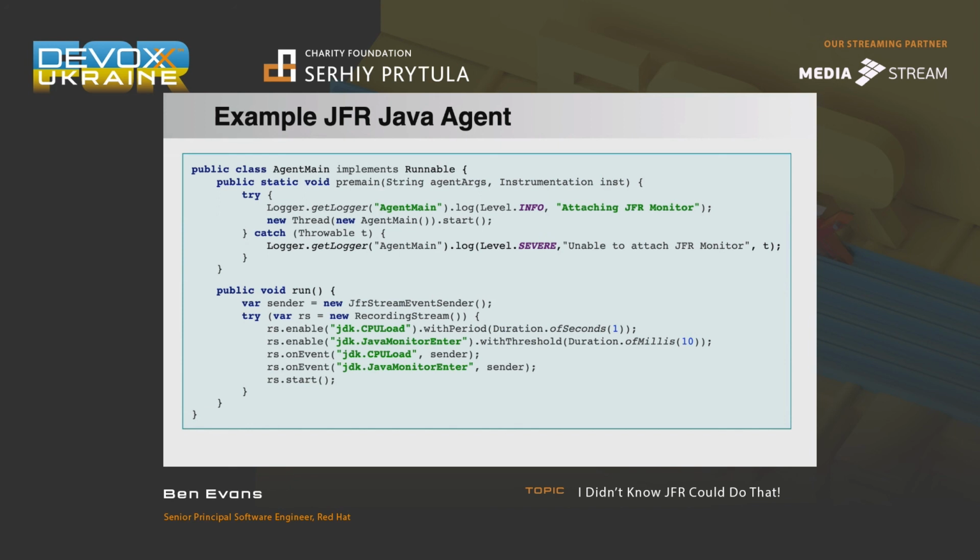Basically, you attach callbacks to it. So you have a sender class here, which is a callback handler. And when that event is called, the callback handler will receive the event.